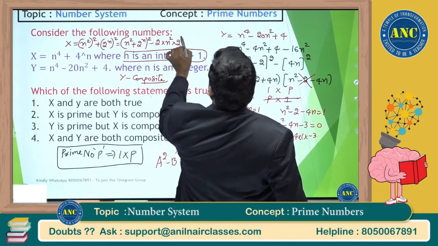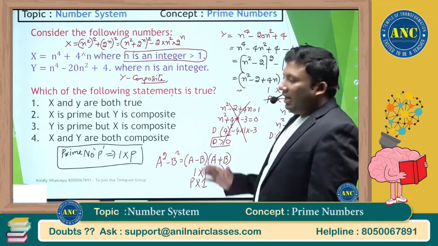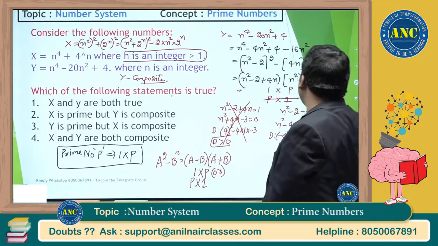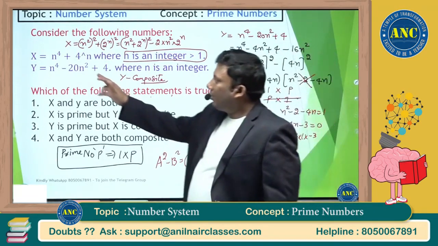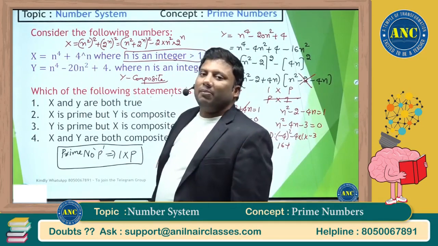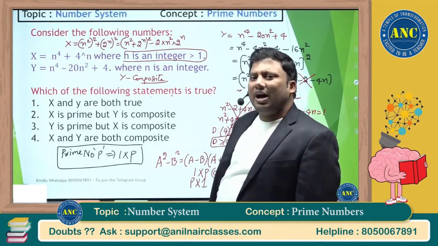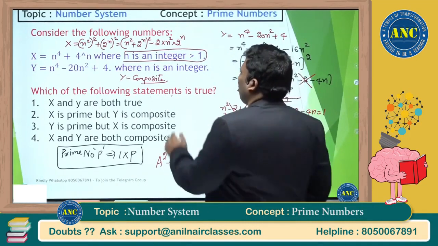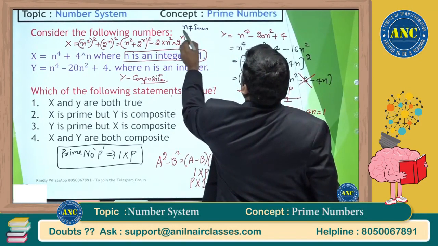Anyway, n cannot take an even number. Why? Because if n is even, n power 4 is an even number, and even plus even is an even number. Is there any even number other than 2 which is a prime number? No. So n even is not possible for this one.